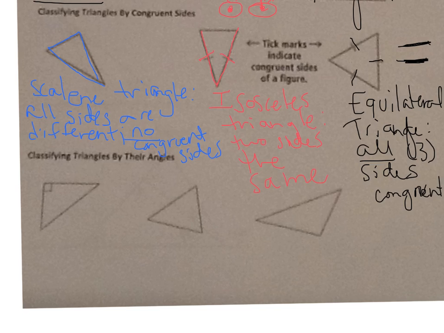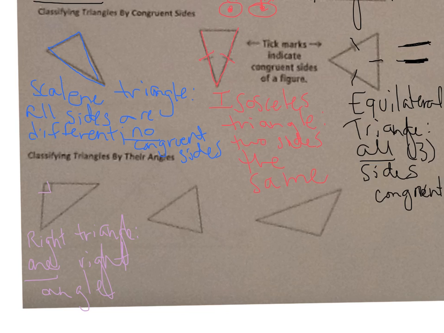So, one name that we can give a triangle is right triangle. And we only need one right angle here in order to call it a right triangle. So it just means there's one right angle.